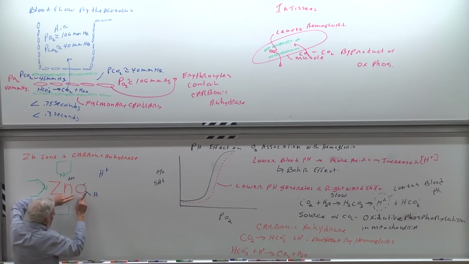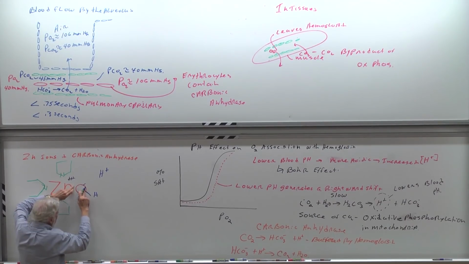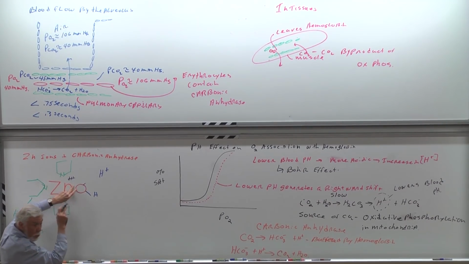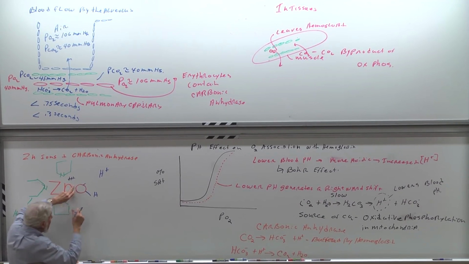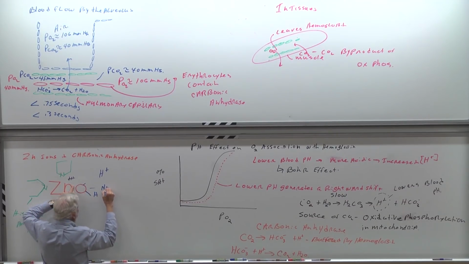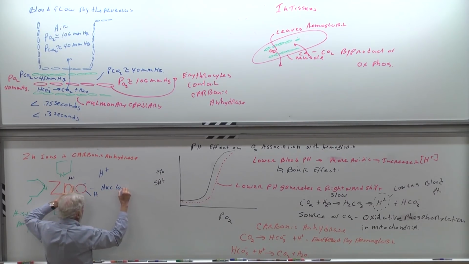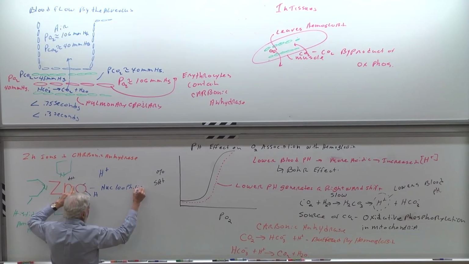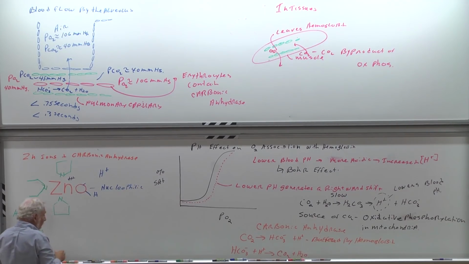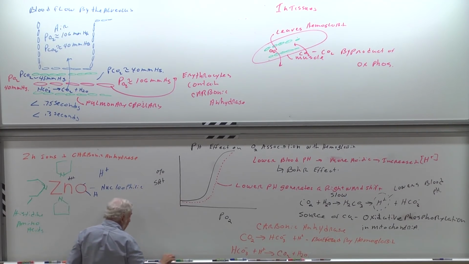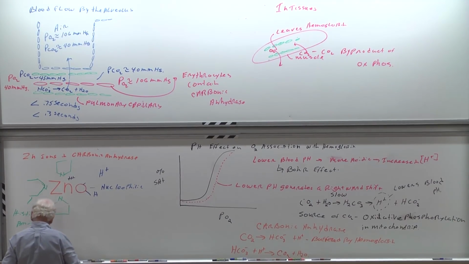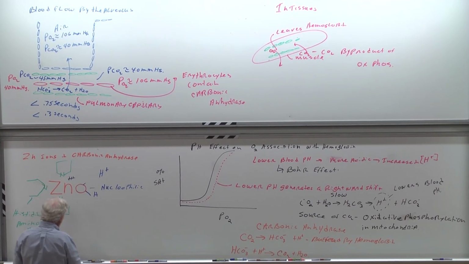Meanwhile, this hydroxyl now, because it's drawn its electrons over here, is extremely negatively charged. And it now becomes what is known as nucleophilic. And the nucleus it's looking for, in fact, is carbon dioxide.